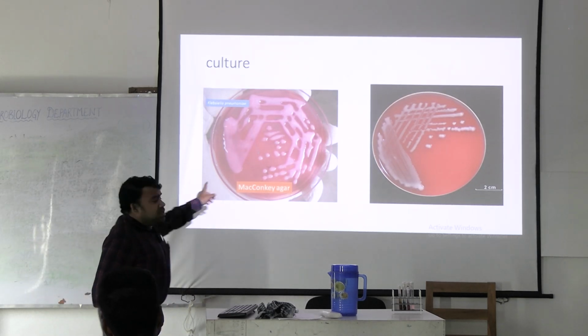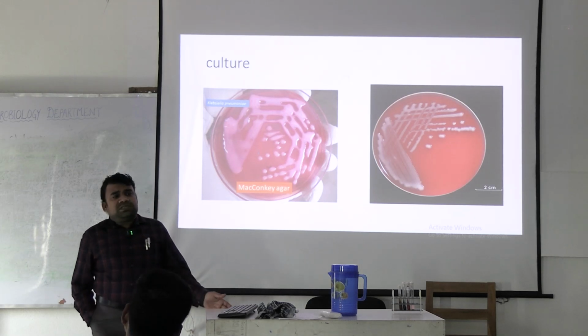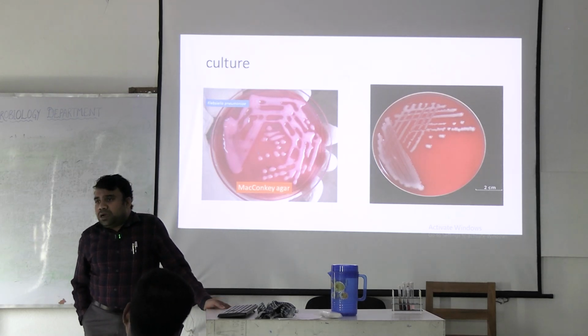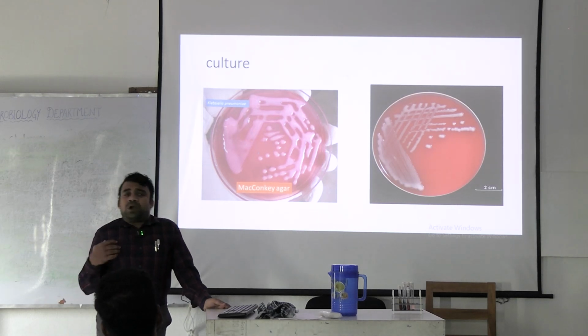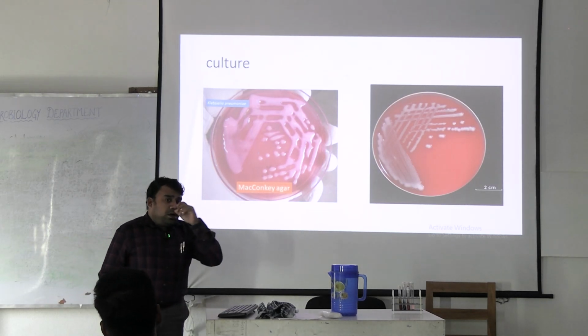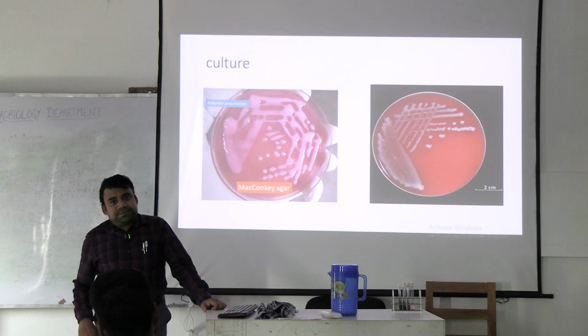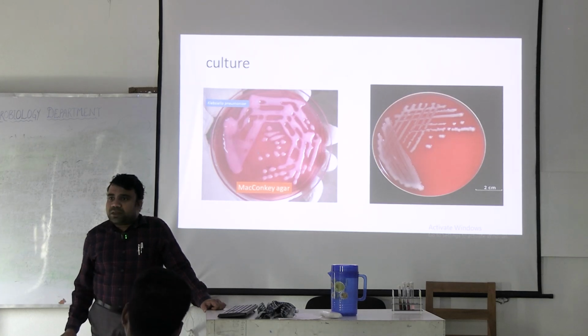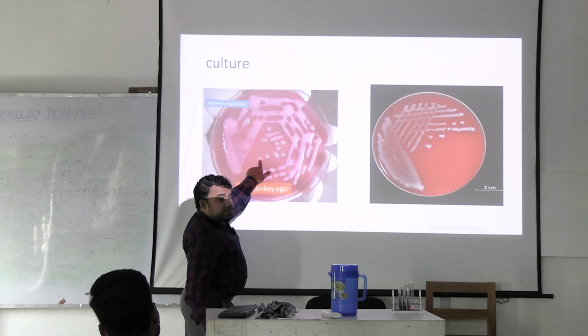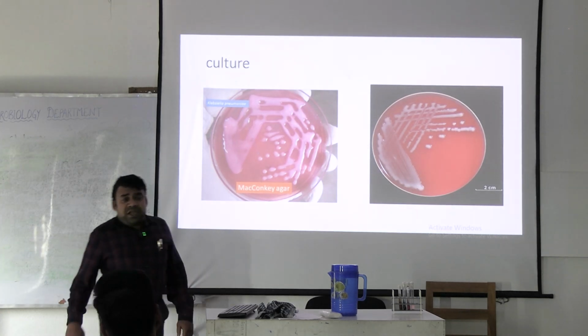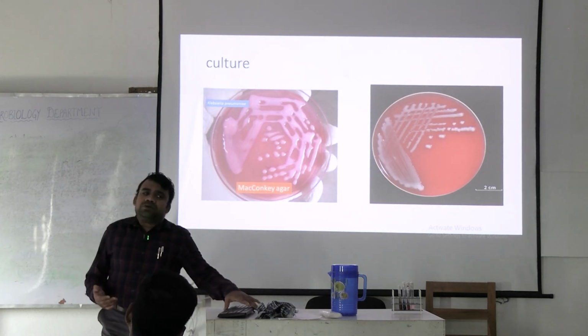Suppose you have been given this agar. So first we have to say this is a MacConkey agar plate. Next, we see there is a growth of bacteria. Bacterial growth is seen. Then look at the single isolated colonies. Then we start the proper description of the colonies.